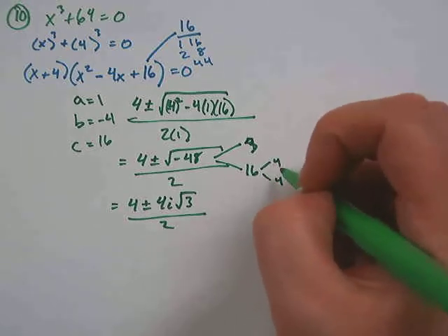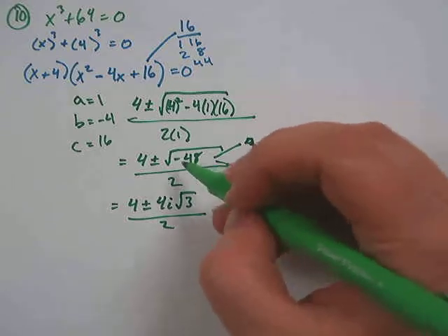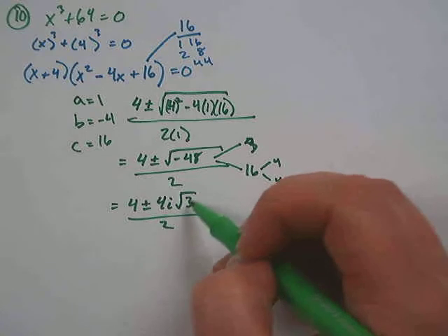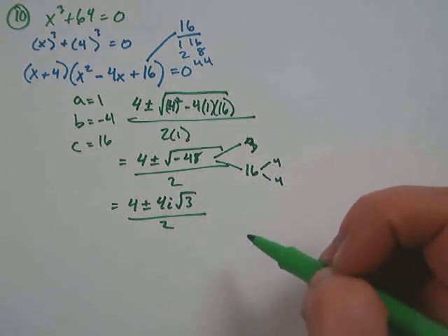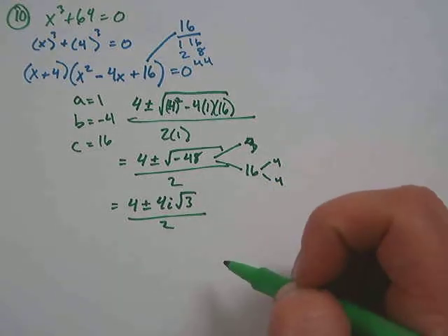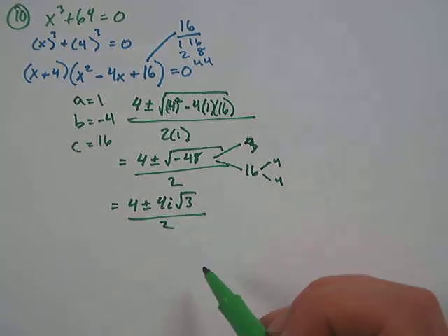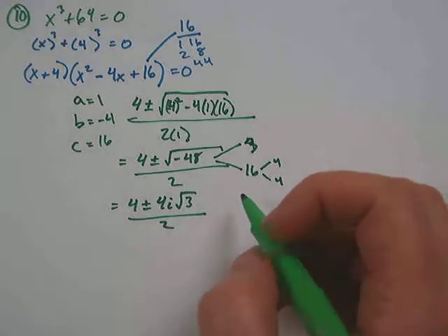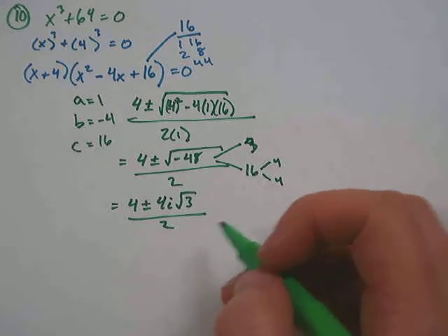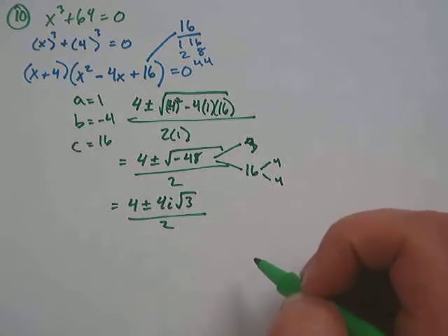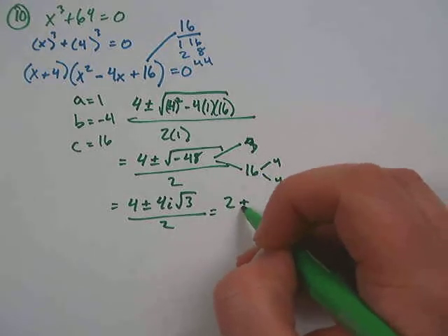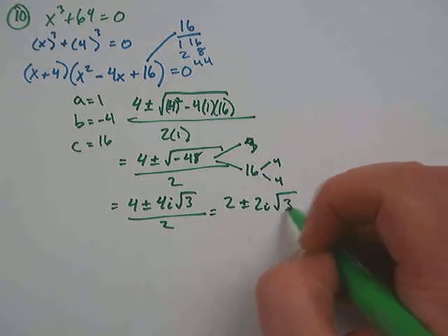So those pair of 4s can come out, and since it's negative, we have to make an i outside. And then the 3 is left on the inside because it doesn't have a partner to come out. So there we go. That simplifies to 4 plus or minus 4i root 3 all over 2, which can simplify one step further. All three of these are divisible by 2. So we can make this into 2 plus or minus 2i root 3.